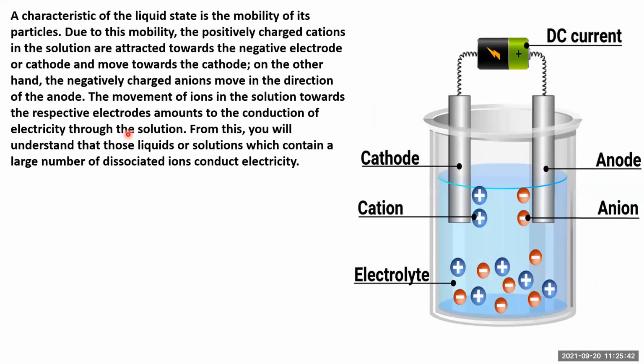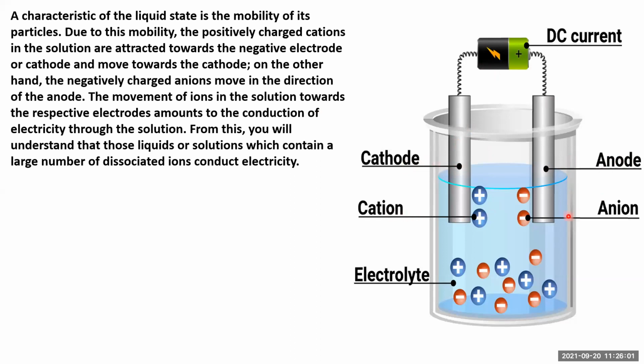Now, the setup for conduction of electricity through the solution can be seen here. The battery is attached, and these are the electrodes. The positive electrode is called the anode. The negative electrode is called the cathode. The positive ions are called cations.